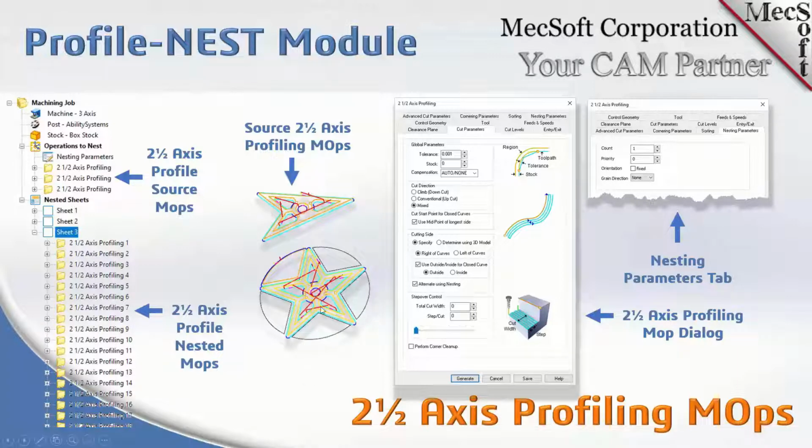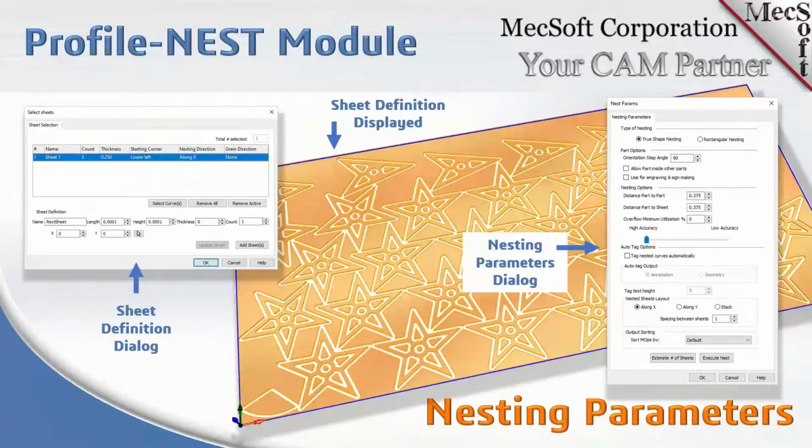Then you take those parts, process them, and put them onto sheets. In this example, we have 3 sheets, and you can see sheet 3 lists all of the profiling operations in that sheet. Again, if you have any questions, let us know and we'll get right to them.